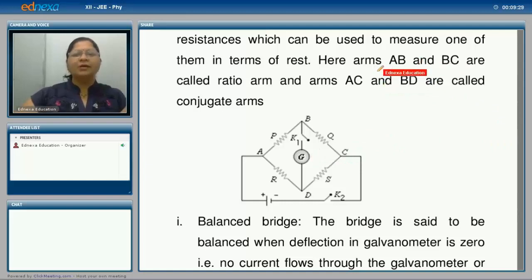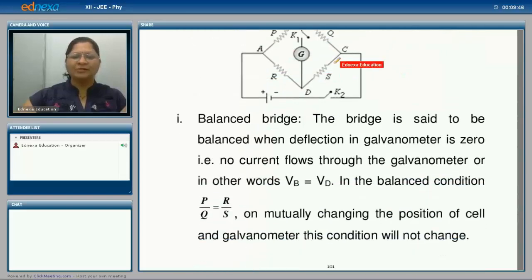Now here the arms AB and BC are called the ratio arms, and arms AC and BD are called the conjugate arms.